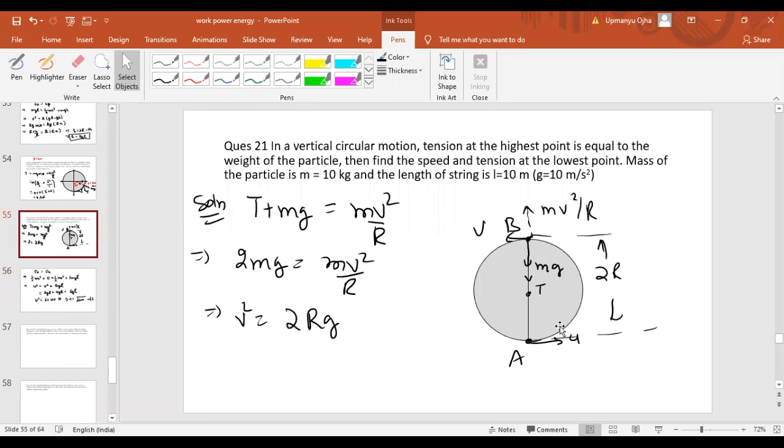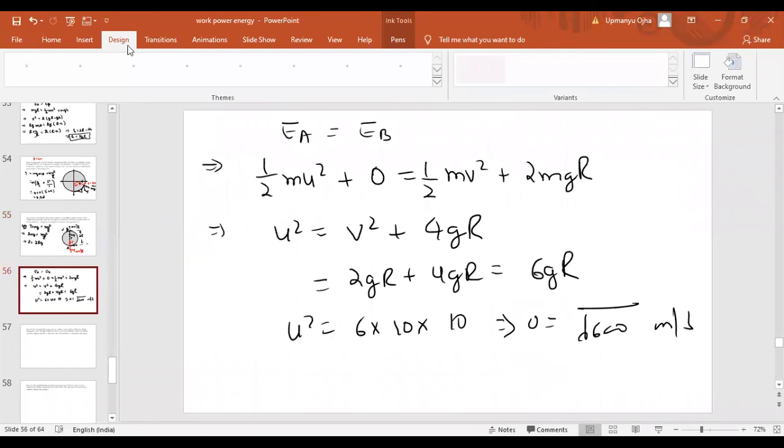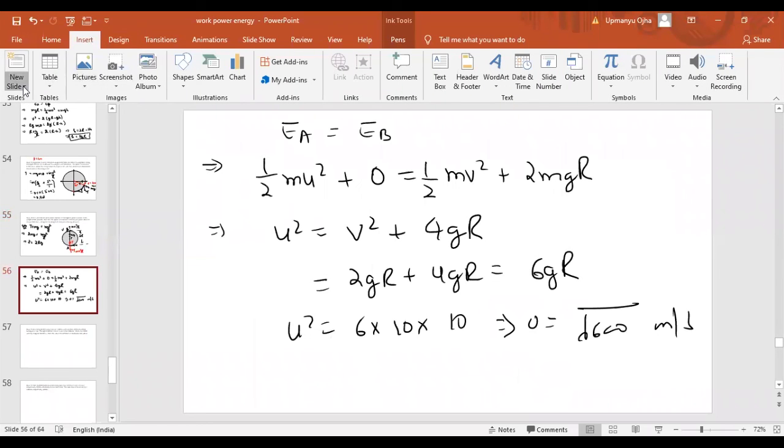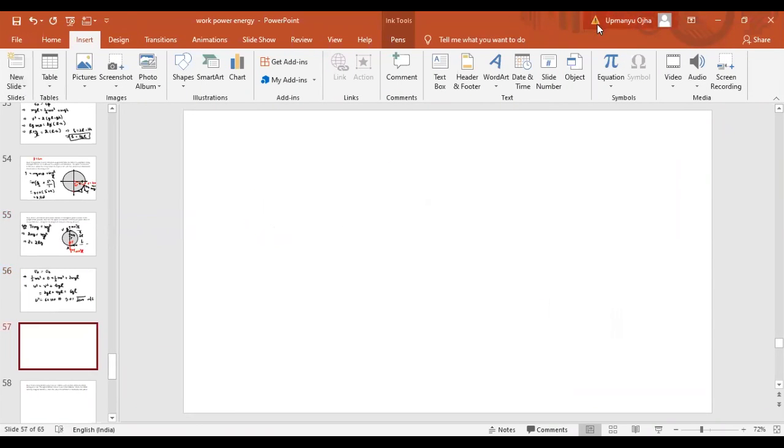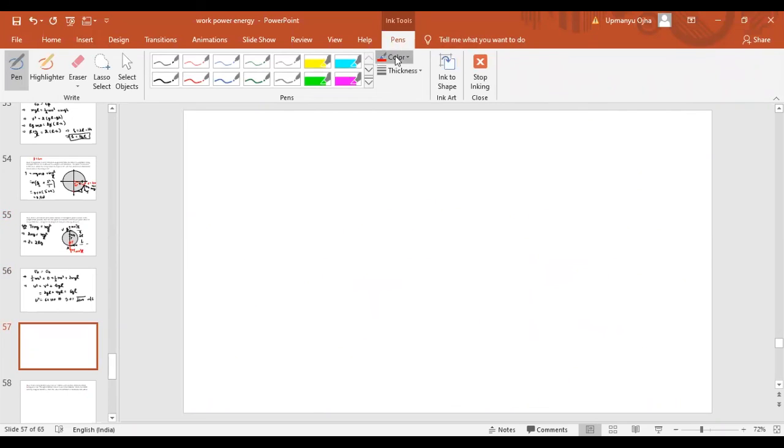Now the next part, we have to find the tension at the lowest point. Again draw the free body diagram here. mg will be acting downward at A, tension will be acting upward, and the centrifugal force mu square by r will be acting away from the center. If we balance the forces, at the lowest point tension must be equal to mg plus mu square by r.